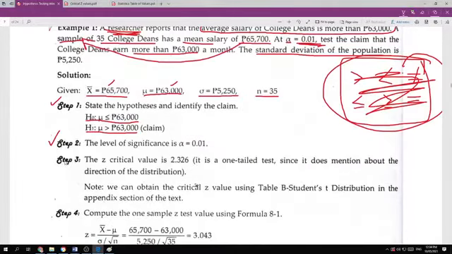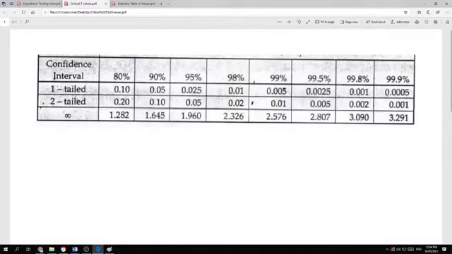Now let's go to step number 3. The critical Z value. Okay. Sir, where can we find this? We can find it in the table that I gave you a while ago. Look at this table over here. Sir, what are one-tailed and two-tailed?